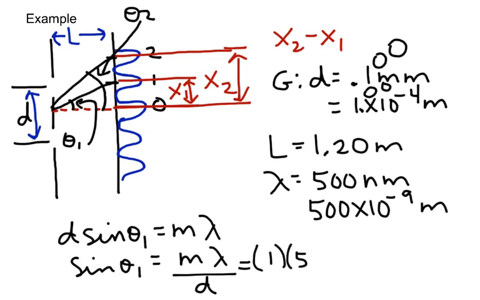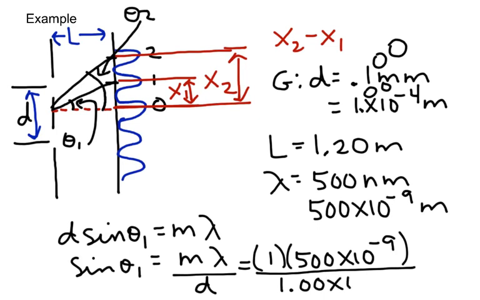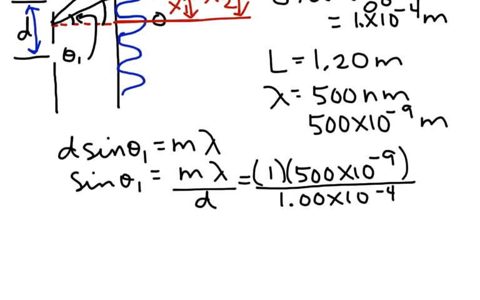The wavelength is 500 times 10 to the minus 9 meters, and the distance is that 1.00 times 10 to the minus 4. I get an answer of 5.00 times 10 to the minus 3.